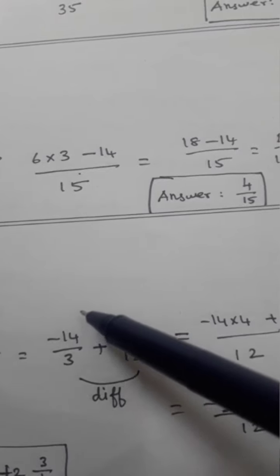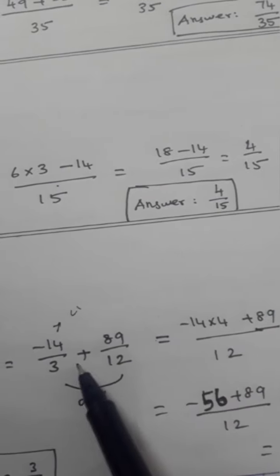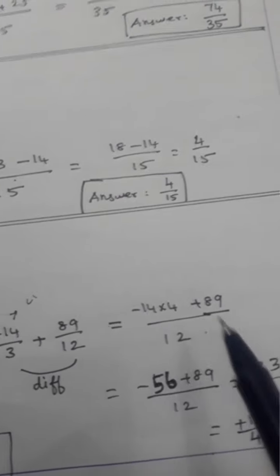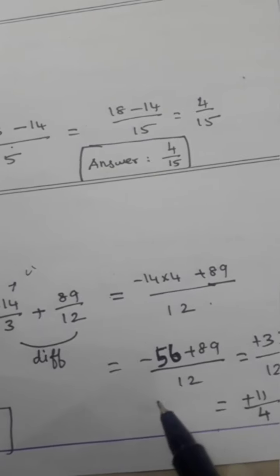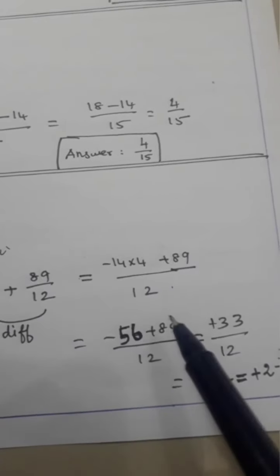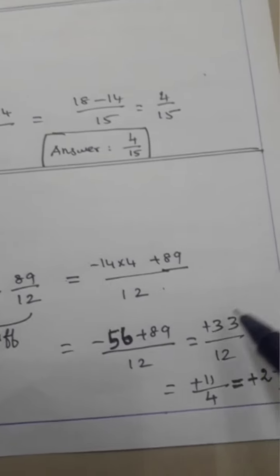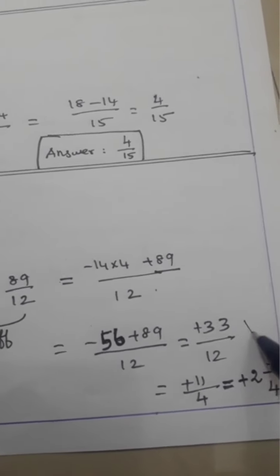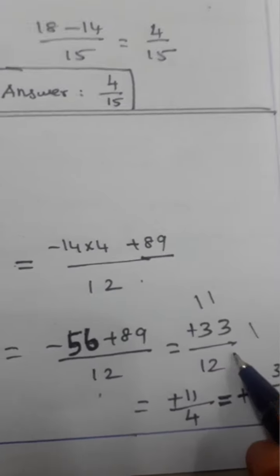So here multiply by 4. 14 into 4 plus 89 divided by 12. 14 4s are 56, minus 56 plus 89 divided by 12. Add these two numbers and the answer is 33 divided by 12. These two numbers are also possible in the third table. So use the third table. 11 3s are 33, 3 4s are 12.